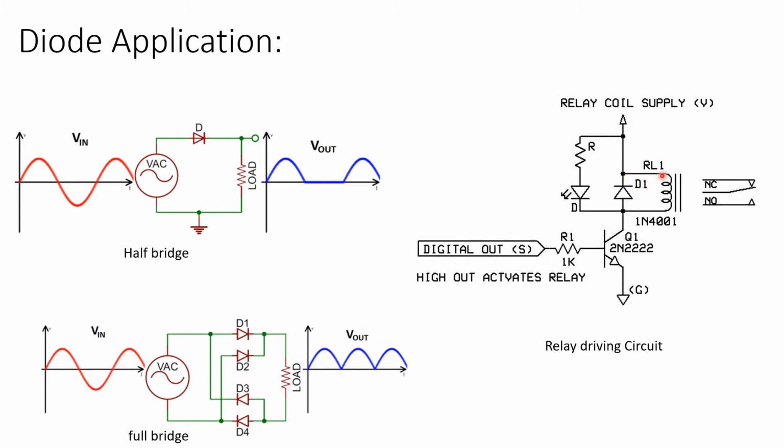Whatever energy is stored will pass through this and be dissipated in the coil, because each relay coil has some resistance. Basically, 12 ohm to 60 ohm resistance is available within the coil. So all the energy stored in that relay will be dissipated. So this is a very important application of a diode.